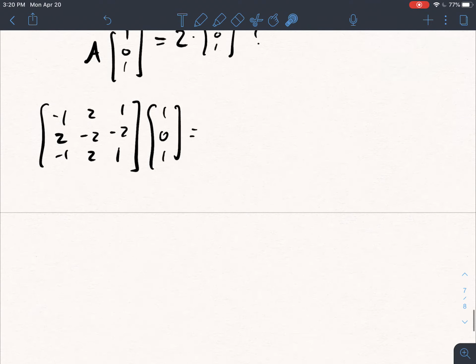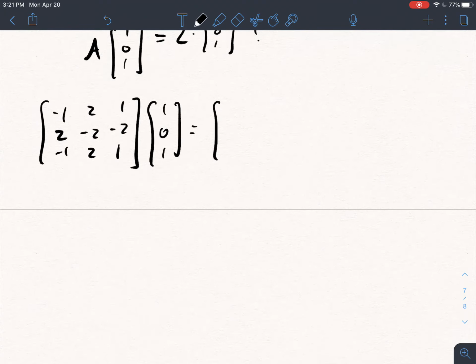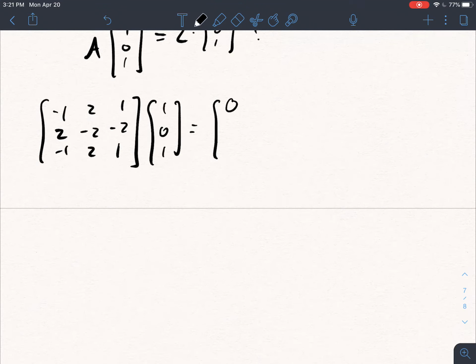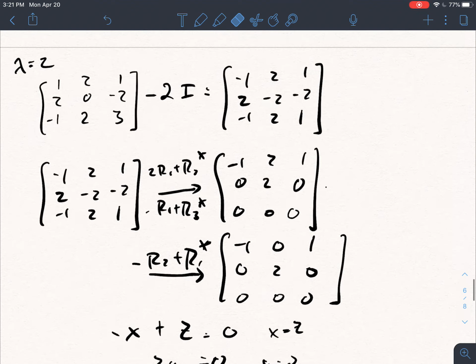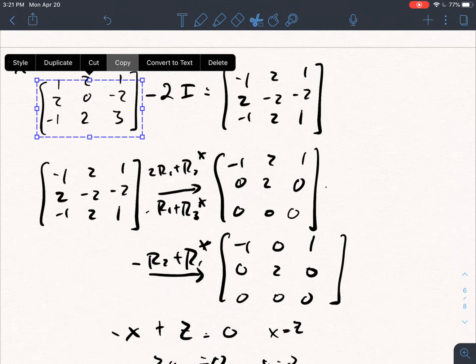So is this a true statement? I want to be sure that this is right and be confident in this, so why not? We're already here, so 1 times that's negative 1 plus 0 plus 1. Negative 1. Oh no. This is a 0. Okay.